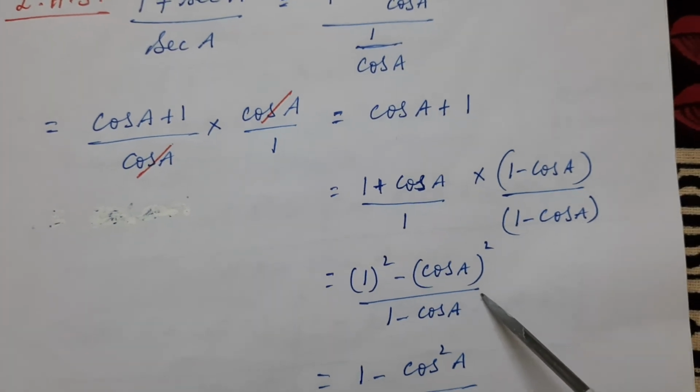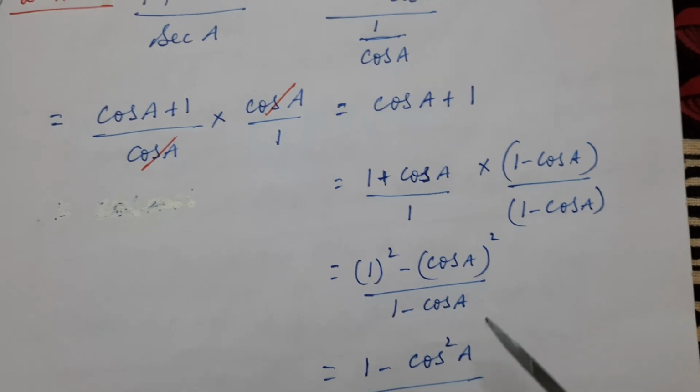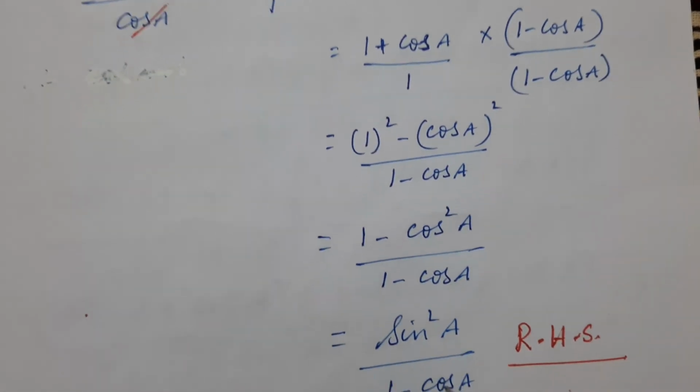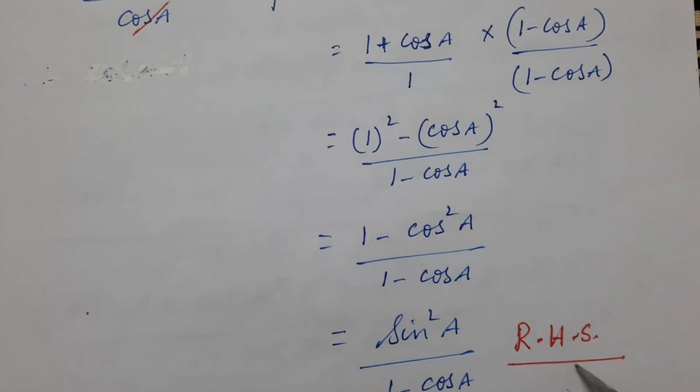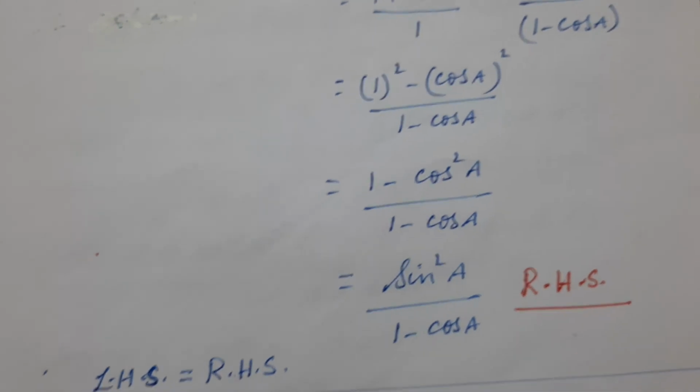This I can write as 1 minus cos square A. So 1 minus cos square A is nothing but sin square A. Sin square A by 1 minus cos A, that is nothing but right hand side. So we have proved LHS equal to RHS. Thank you.